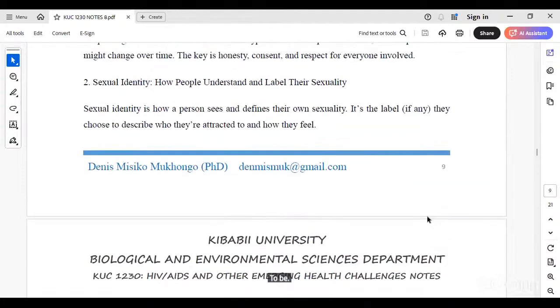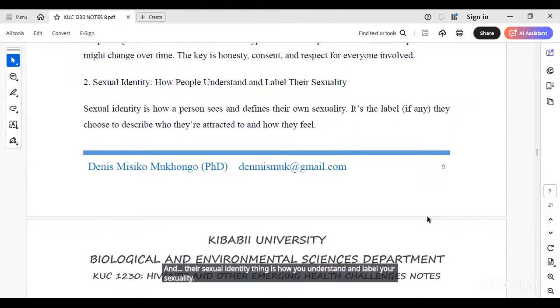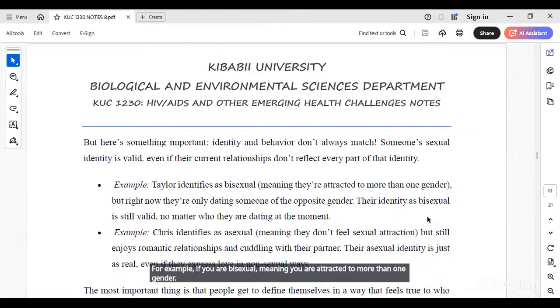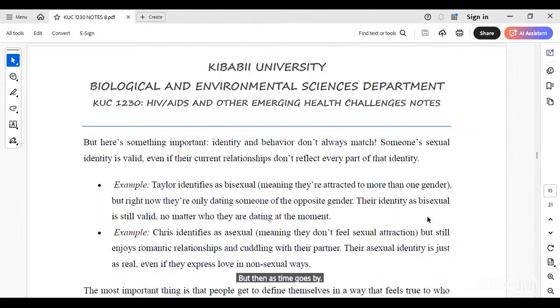And the sexual identity thing is how you understand and label your sexuality. Okay. So how do you label your sexuality? For example, if you are bisexual, meaning you are attracted to more than one gender, but then as time goes by, it might be you are attracted to male and female, but at that particular point, you only have a female.